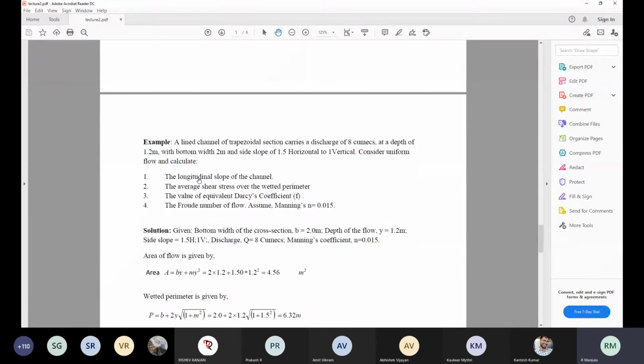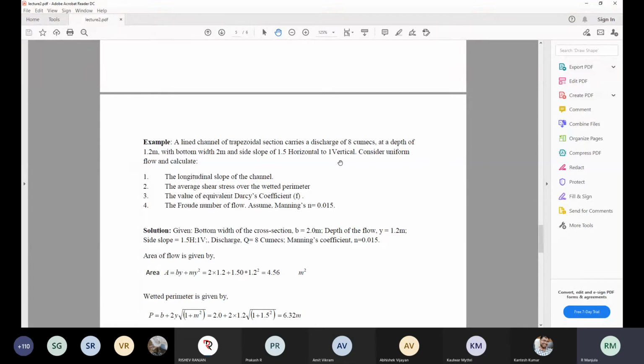Now consider a lined channel, trapezoidal in cross section, carrying a discharge of 8 cumecs. So your Q is going to be 8, the depth of the channel is 1.2 meter, the bottom width of the channel is 2 meter, and the side slope is 1.5 horizontal to 1 vertical. Consider uniform flow.